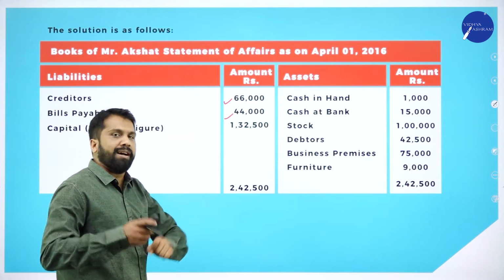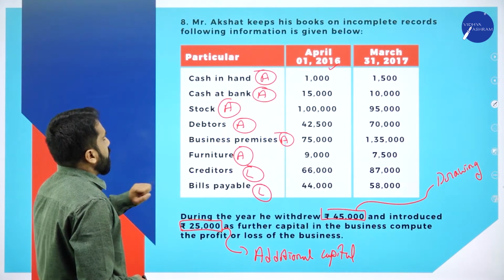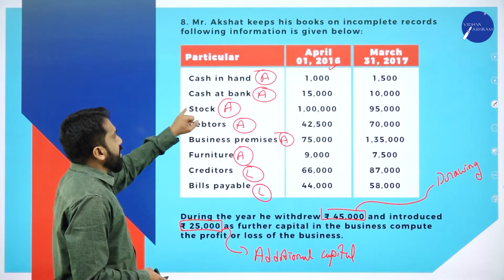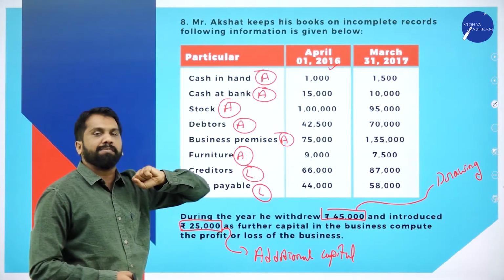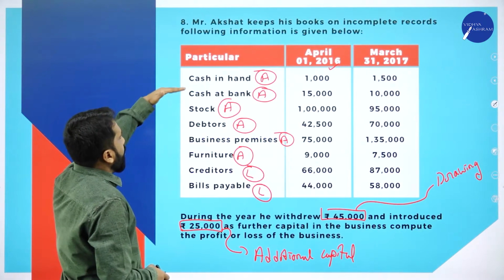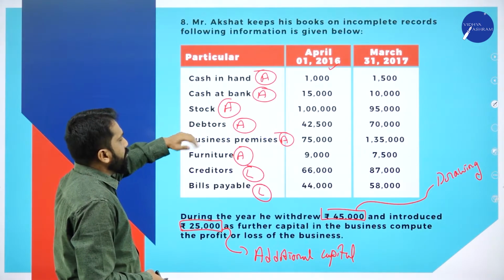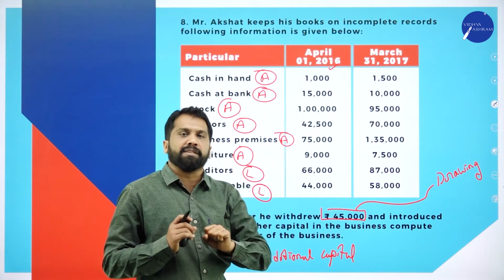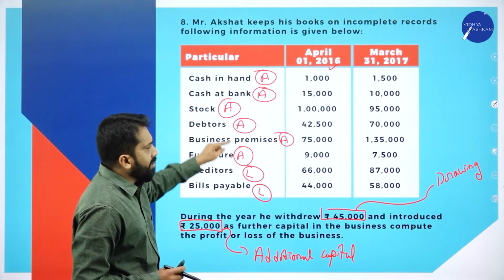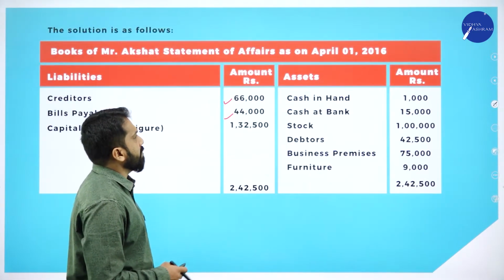We'll come back to assets. On the asset side: cash in hand, cash at bank, stock, debtors, bills, business premises. How many items do we have? 1, 2, 3, 4, 5, and furniture. We have 6 items. We'll check whether we have taken all 6.